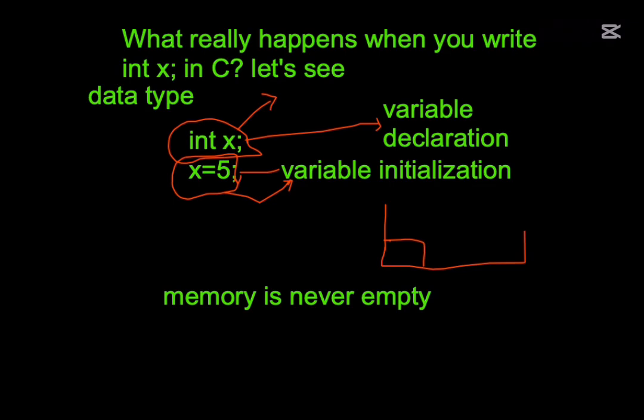It's not that there's nothing there, and it's not that you're going to get zero, because some people actually think that if you write something like this without putting values, then the value of x is going to be zero. Now, the compiler doesn't do that. It does not put zero because you've not initialized the variable. What happens is the variable is just going to have different values, undefined values.